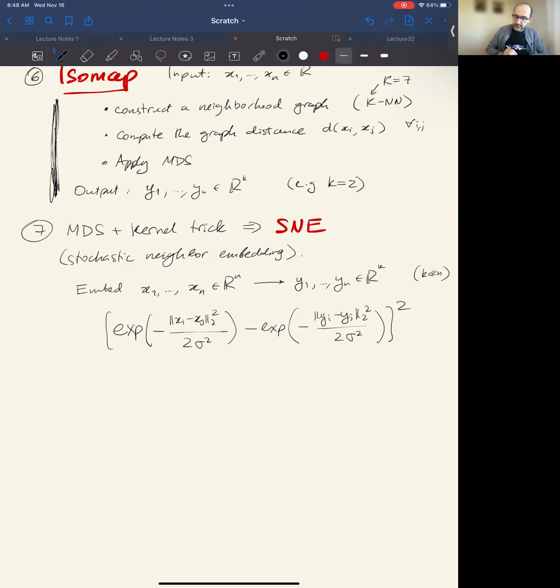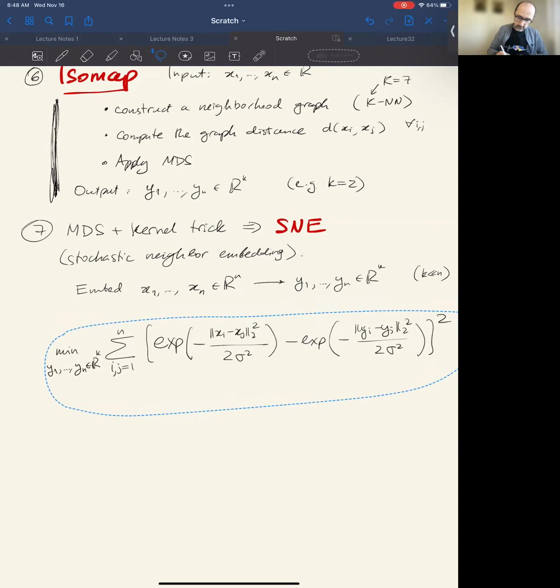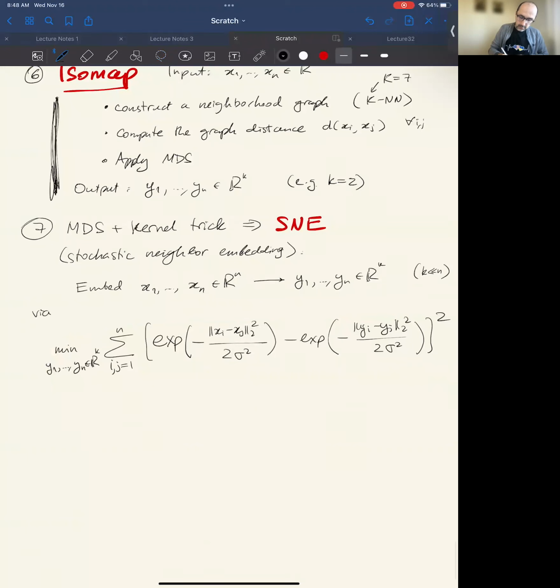So we square the difference, let's say, and we penalize that. That's our penalty over all pairs of points. And we choose the best ones. We choose the best configuration of points yi's. So this is kernel MDS, basically.